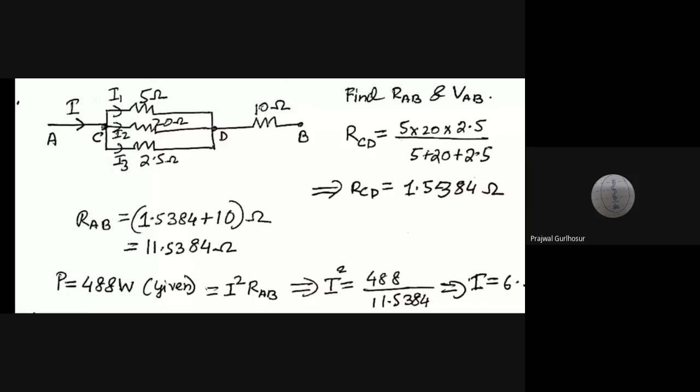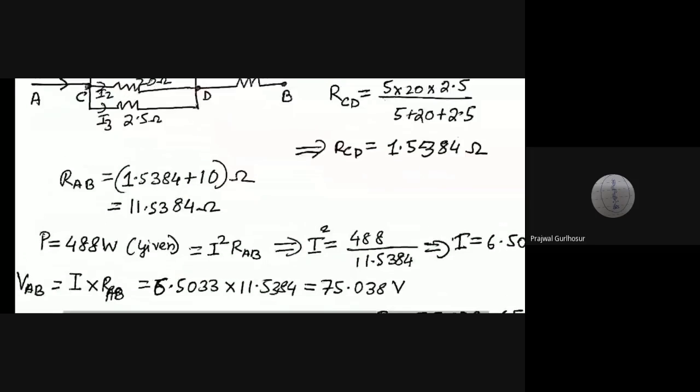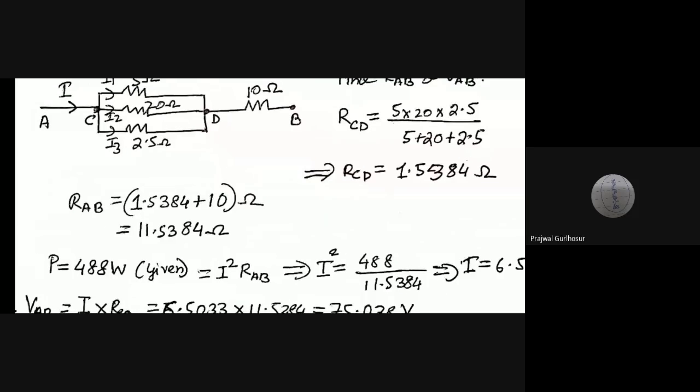So if 488 is the power given, then by multiplying I square into R, that is the value of 488. Now you have I square, you have RAB, meaning the equivalent resistance across A to B. So I square is equal to power divided by RAB.